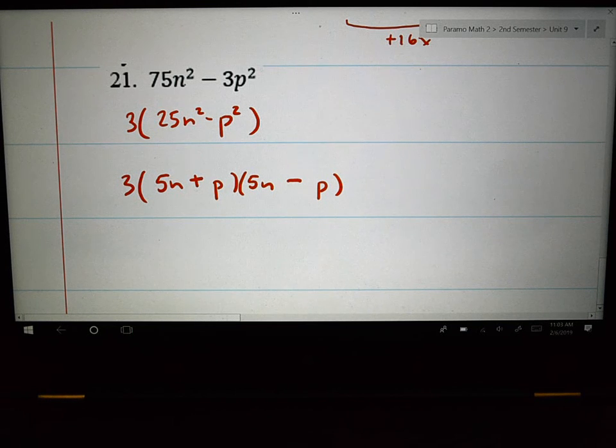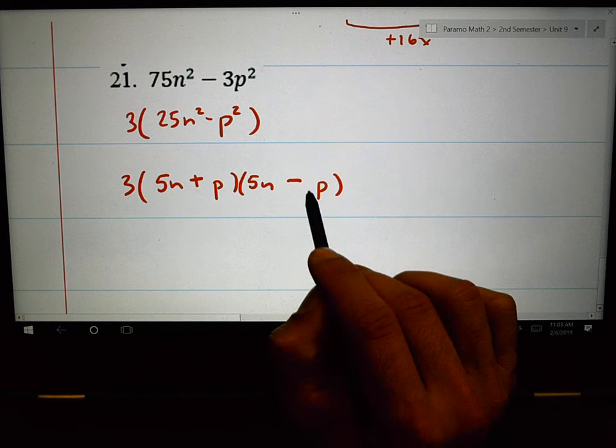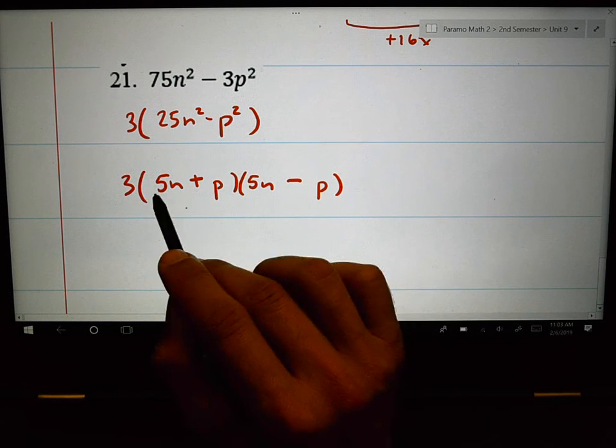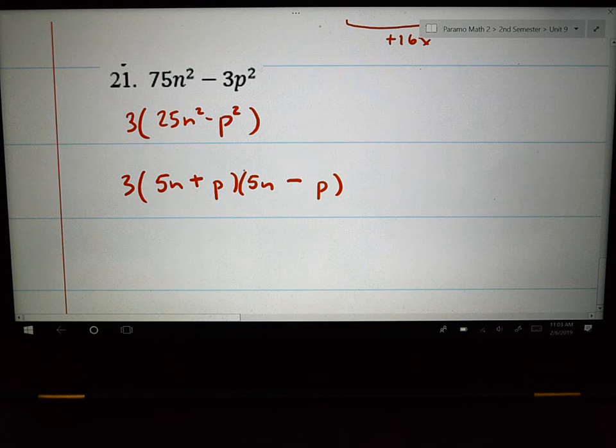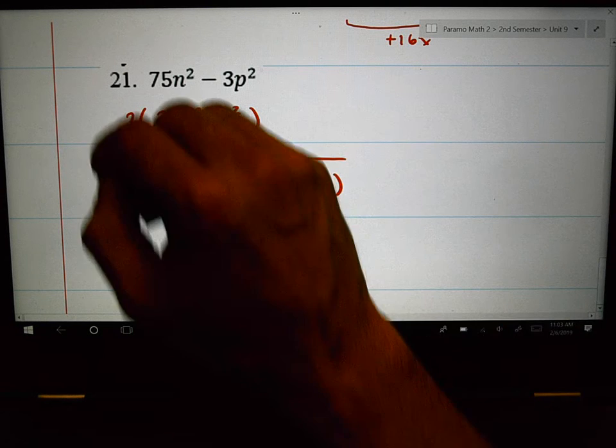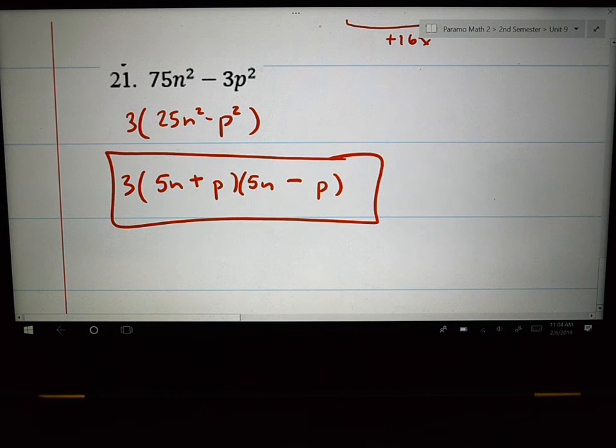Why? That way the outside makes a negative 5np and the inside makes a positive 5np. Then those will cancel each other out. This is your final answer for 21. I'm going to stop your notes right there.